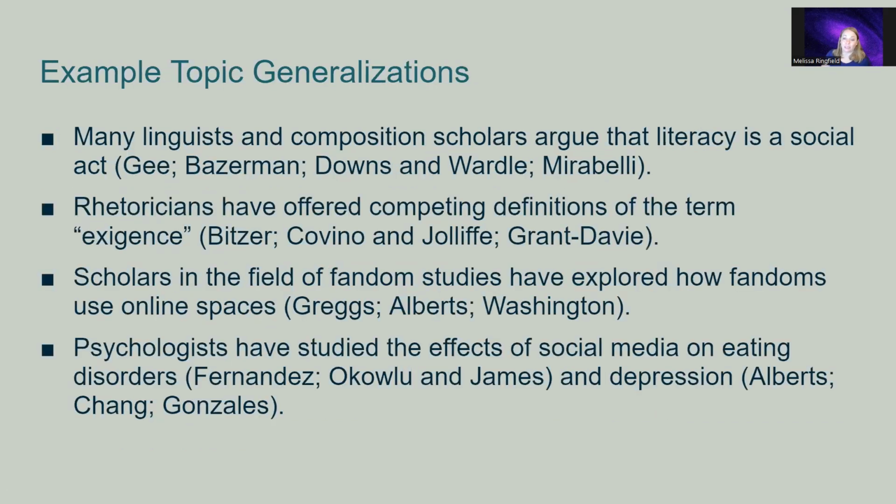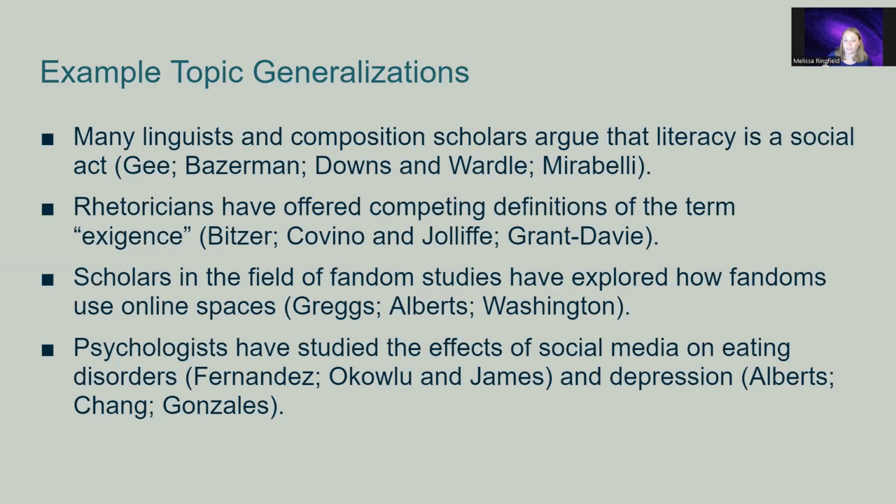Here are some example topic generalizations. Many linguists and composition scholars argue that literacy is a social act. (Bazerman; Downs and Wardle; Mirabelli). This sentence is citing 4 sources, all of whom appear in my Works Cited page. However, the body of the paragraph might end up only citing just a couple of these.